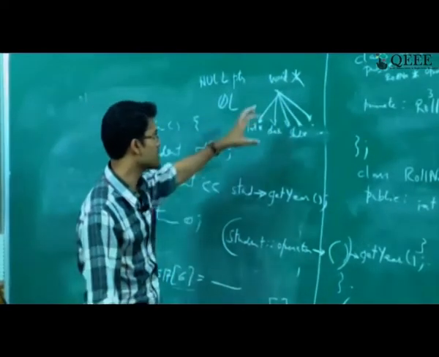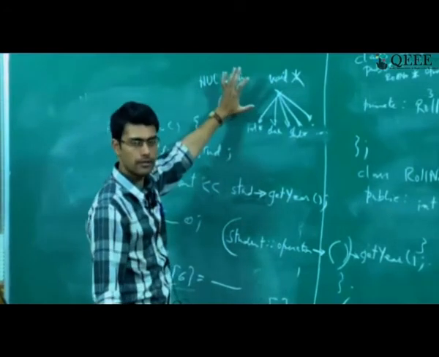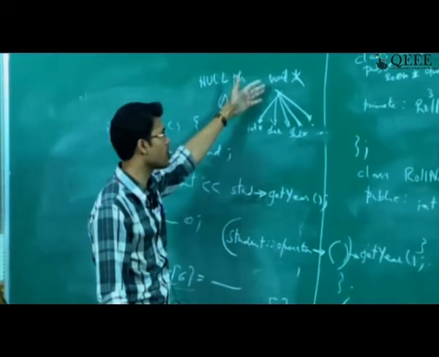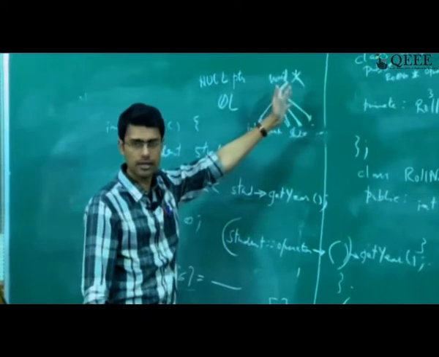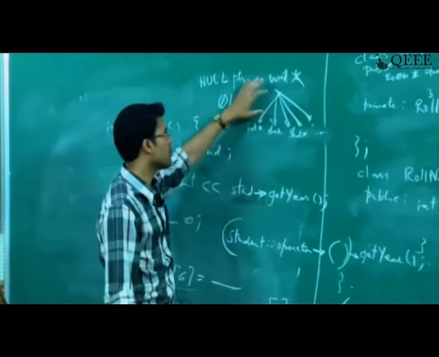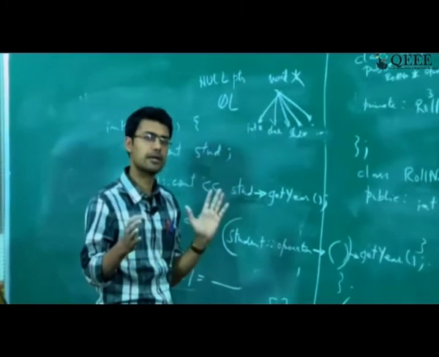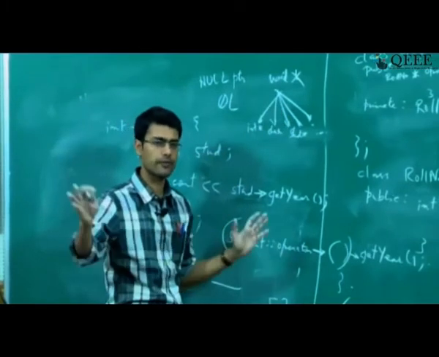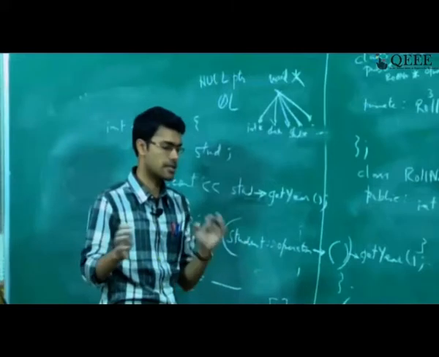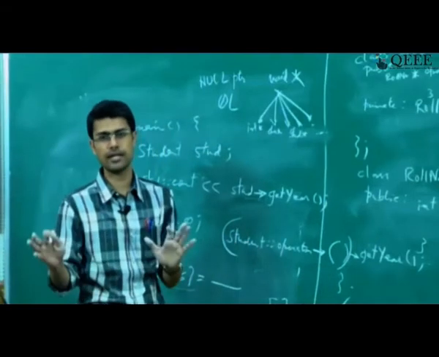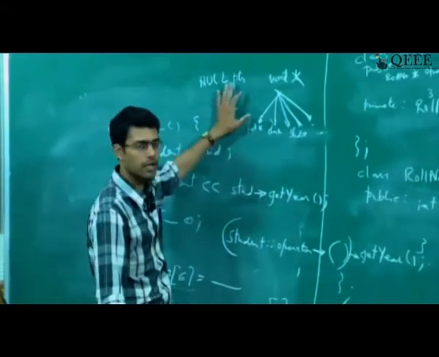Void star can also be a null pointer. For example, void star ptr equal to null is also fine. A void star pointer is essentially an opaque pointer which can point to different arbitrary types. It's just a sequence of bytes that it is pointing to, or it can also be pointing to null.